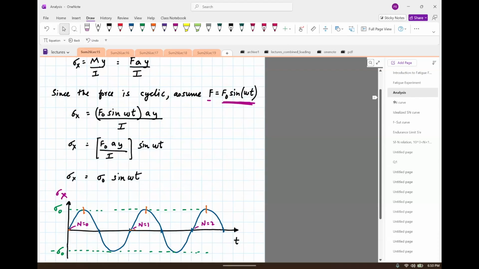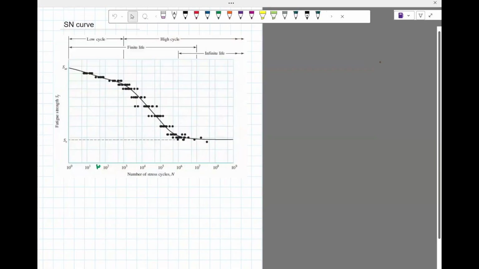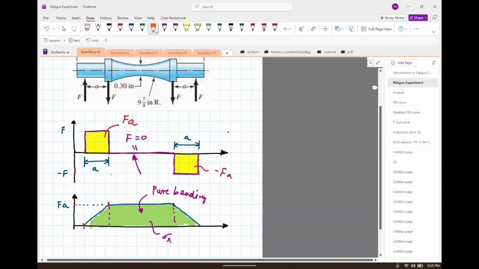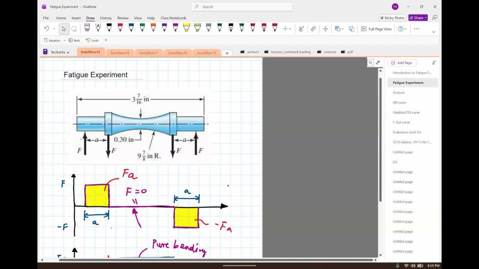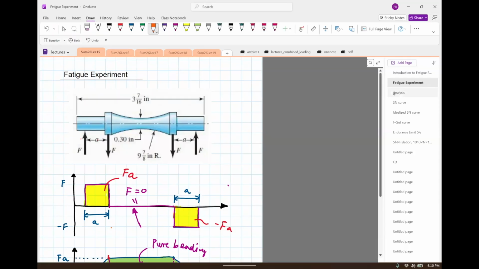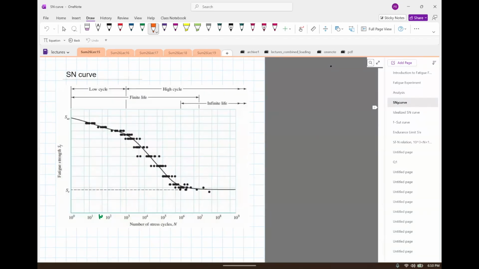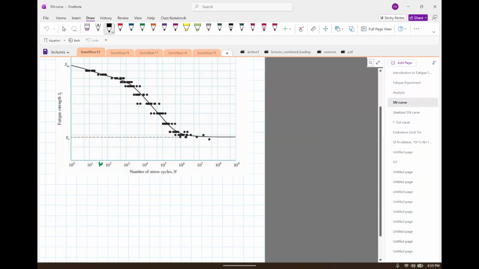And so we follow two steps. This plot is obtained by following a procedure. We're going to use this idea that we have this specimen in the lab and it is subjected to this load, and we are going to try to arrive at this curve. So what we do is we follow the following steps.